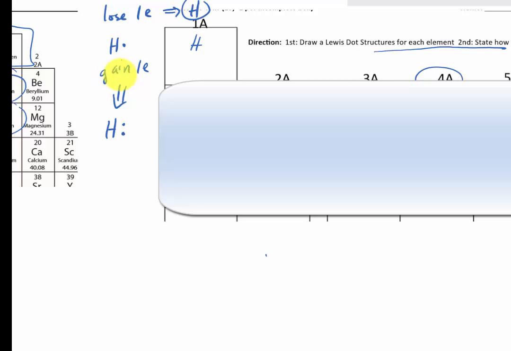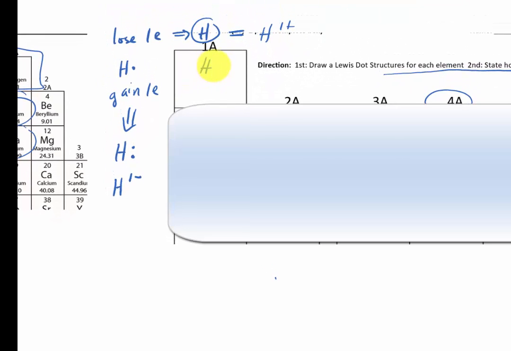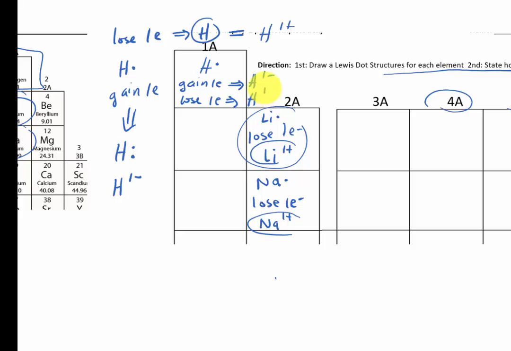If it's gaining one electron, it would have an ion of 1 minus. If it's losing one electron, of course it's going to have an ion of 1 plus. So for hydrogen, it can gain one electron to become 1 minus, or lose one electron to become 1 plus. Again, hydrogen is an exception that you need to remember.